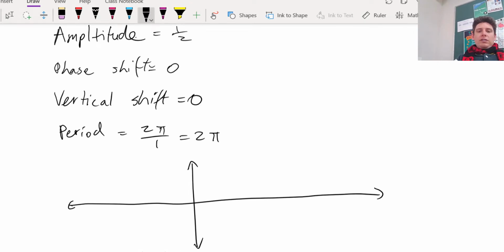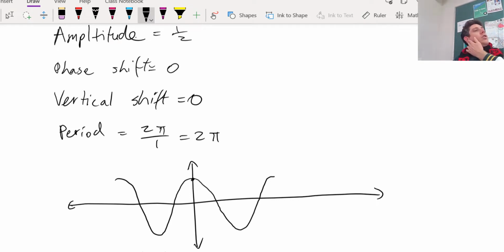Okay, where does cos start? Do you remember? It starts here, y equals 1. So that's normal cos. And we discussed the amplitude is a half.